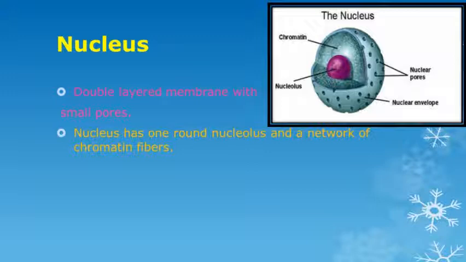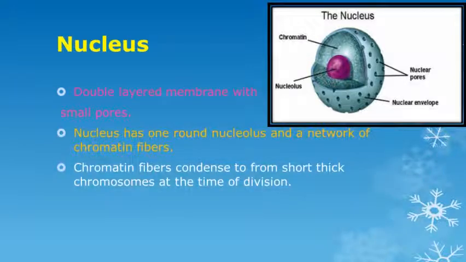And the chromatin fibers are thin thread-like structures which condense to form short, thick chromosomes at the time of cell division. So what are the chromatin fibers composed of?